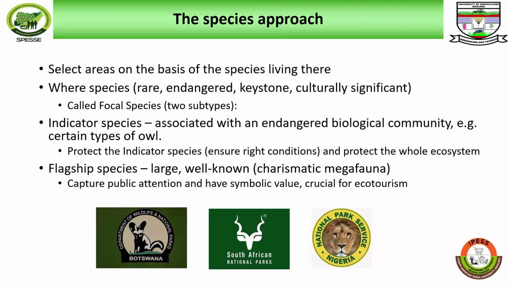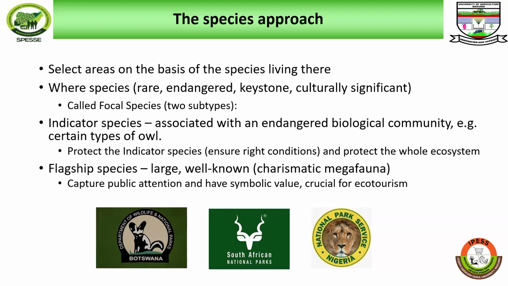Because at the end of the day, we are talking of limited funds. We're talking of several challenges. So what would be your strategy or your approach? You could say, okay, because this species is endangered, it is rare, it's culturally significant, I am deciding on conserving this particular area because of that particular species.